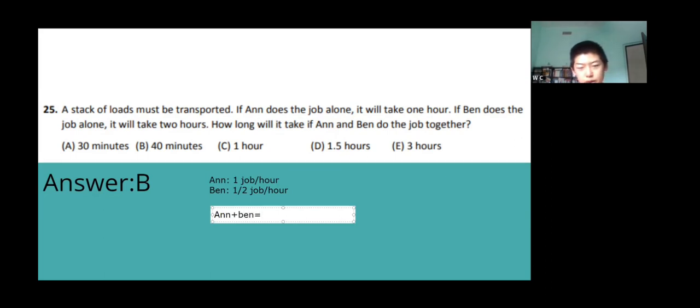So if you put the two of them together, they can do 3 halves of the job per hour. Now we just have to divide 1 by 3 halves because we only have one job for them to do.